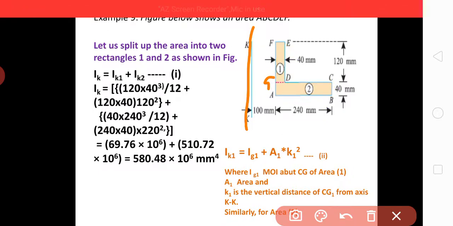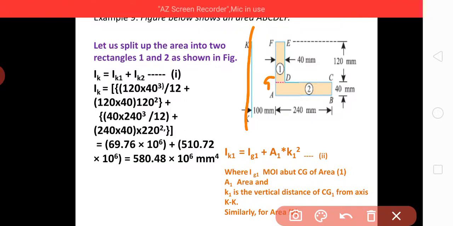Now for this section, IK will be IK1 plus IK2. This is point number 4, that we add up the moments of inertia if we know IK1 and IK2. So first IK1: refer to this second equation, IK1 is equal to IG1 plus A1 into K1 square.